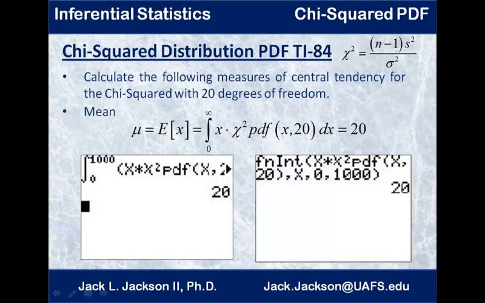In our calculator, using the newer operating systems, it goes here on the left. Lower limit 0. Not knowing what's a good approximation for infinity, I just put in something really big, say 1,000. And then notice what I put in for the formula: x times chi-square PDF of x, 20.